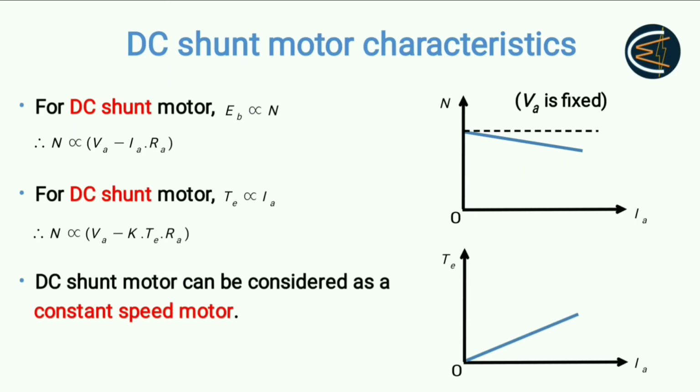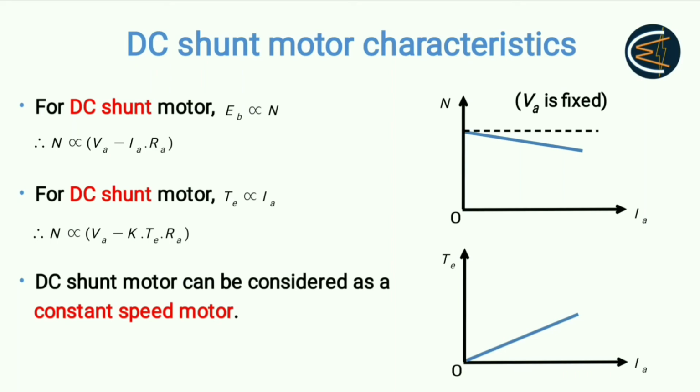See here, this curve is starting from the origin itself, but actually it is not possible to have a speed when armature current is zero. Theoretically it is possible, because ideally at no load the motor shouldn't draw any current, but it is not at all possible in a practical scenario. At no load the motor draws a very small amount of current.